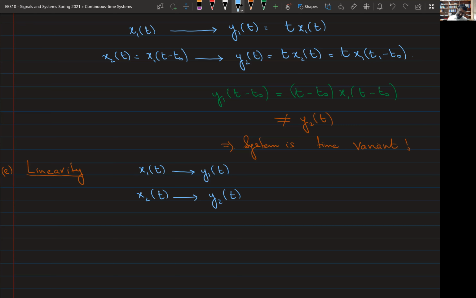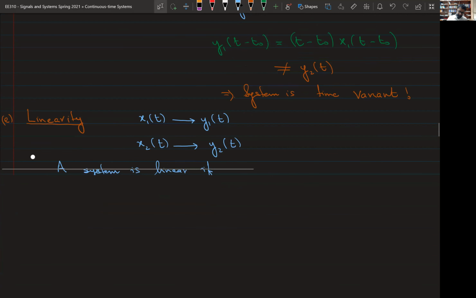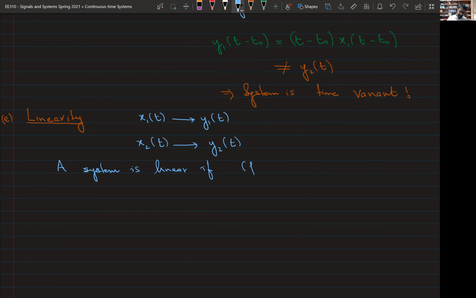Right? So a system is linear if, actually only if as well, for some complex constants A and B, the following condition is satisfied.